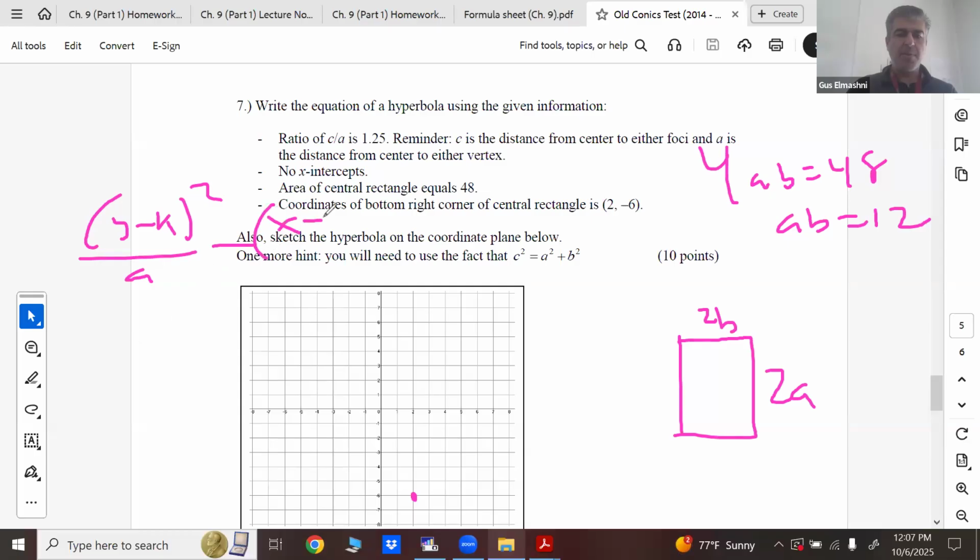Yeah, kind of ran out of space here, but whatever. Okay, C over A equals 1.25. So C would equal 5/4 A. Okay. So you could do a substitution here.